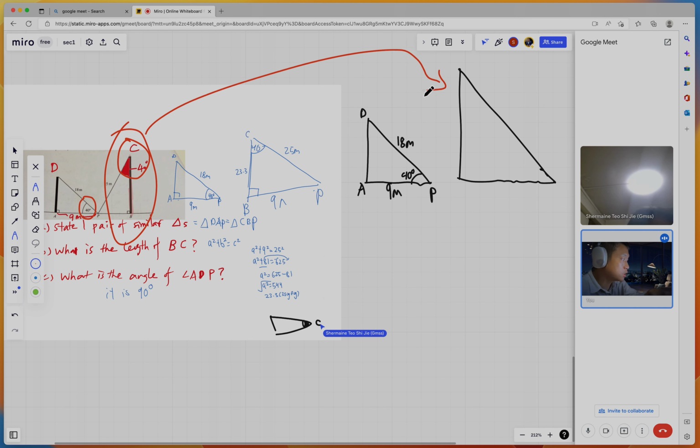You can draw it somewhere as a draft, and then later you can just copy. Very good. So you draw a draft for yourself.